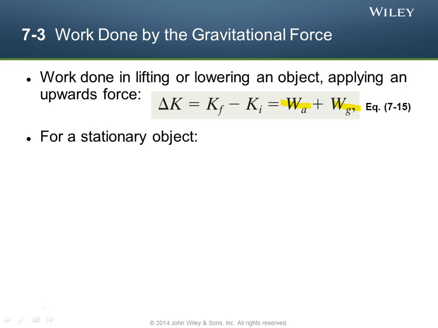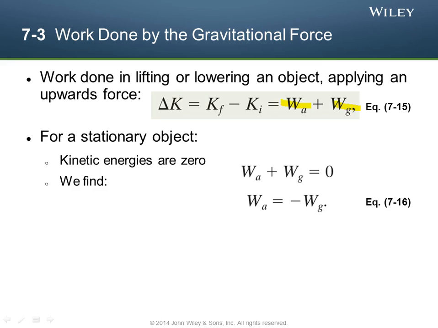So for a stationary object, that means the kinetic energy is not changing, and so the kinetic energies are 0. So therefore, we see that the work done by the force applied has to equal the negative of the work done by gravity. Since they're in opposite directions, they are doing opposite work, and they have to have the same magnitude because the net force has to be 0.